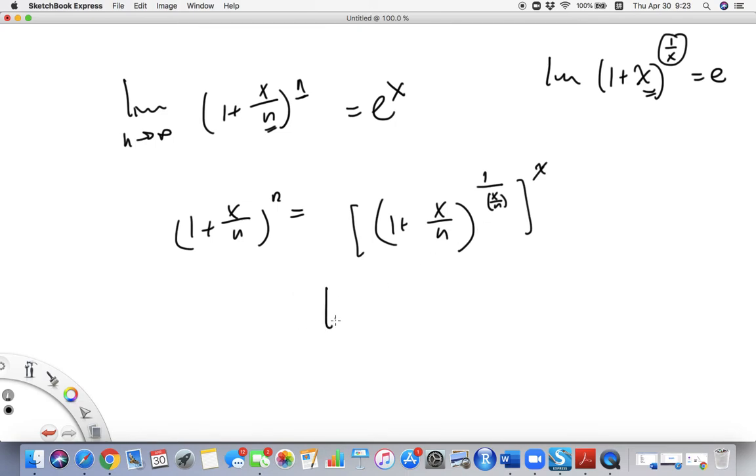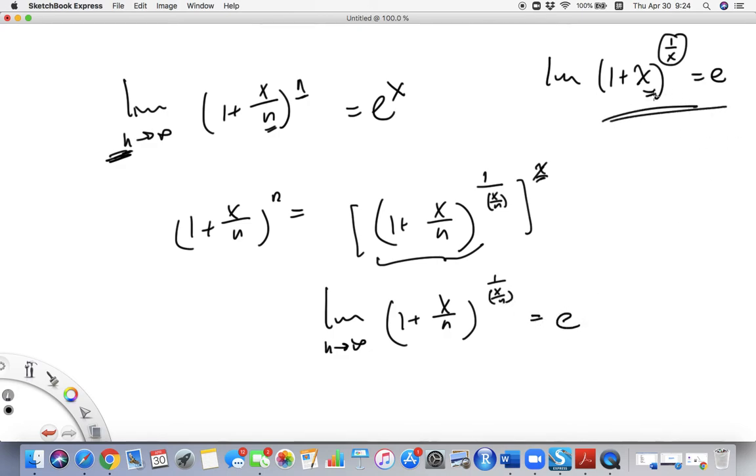Then as you take the limit, remember here we are taking the limit as n goes to infinity, right? So this x stays put. If you take the limit, the things inside, this is equal to e, right?